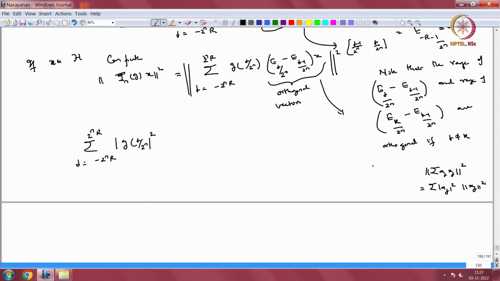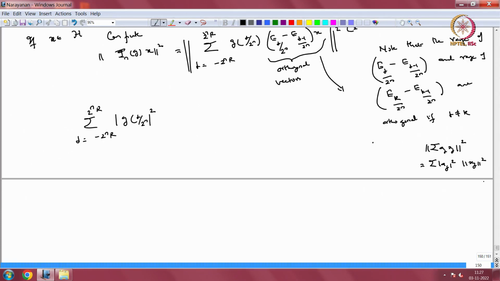That is how it will look. And then the norm of E j by 2 to the n minus E j minus 1 by 2 to the n, this operator acting on x, norm square. That is how the norm is, which is less than or equal to.